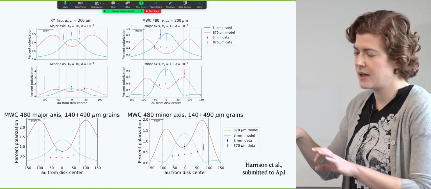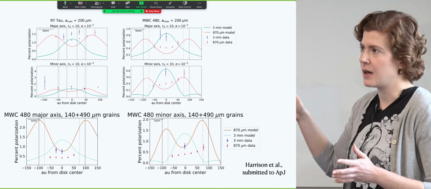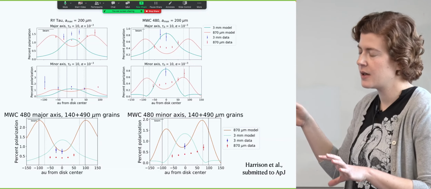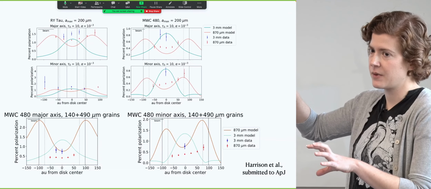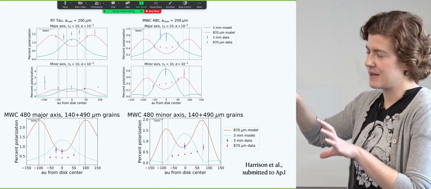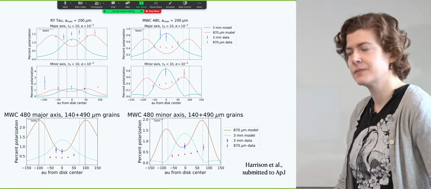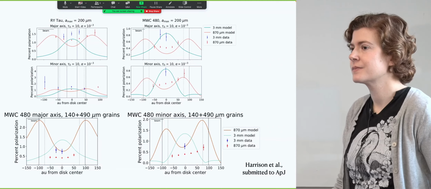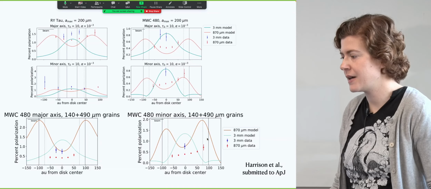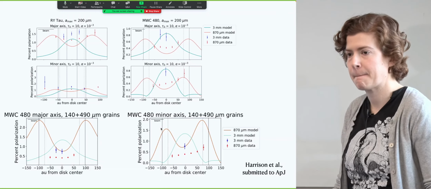So basically in an inclined disk, you would expect to get a higher polarization fraction from scattering on the near side of the disk than from the far side, at least as long as the dust grain layer is not completely geometrically thin. So, sorry, this is near to far? Right, this is the near side of the disk, this is the far side of the disk. Oh, okay.